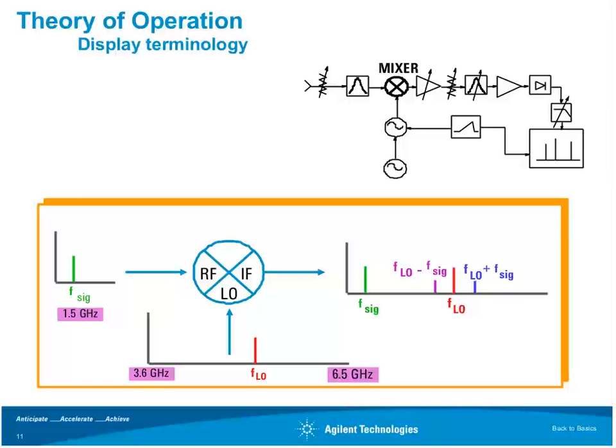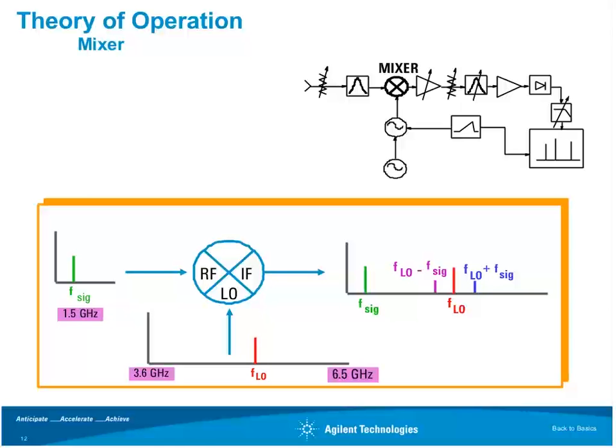All right, so as I mentioned, we have the incoming RF signal, in this example, let's say at 1.5 gigahertz. And then our LO will be sweeping, and in this example, we're going from 3.6 to 6.5 gigahertz. And so as the LO sweeps, when it combines with the incoming signal, we will get several different new signals coming out.